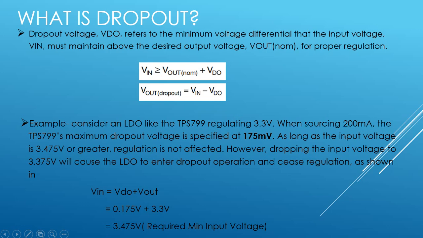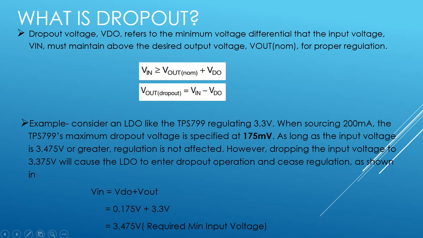Here we take an example. Consider an LDO like the TPS799, which can source 200 milliamperes. We should know the minimum voltage we have to apply.